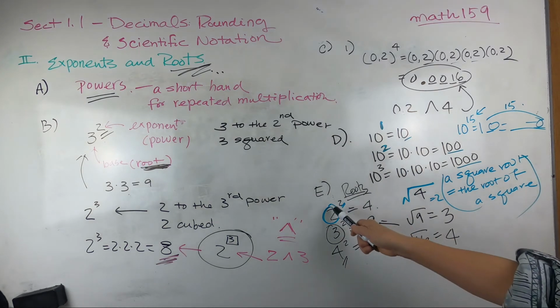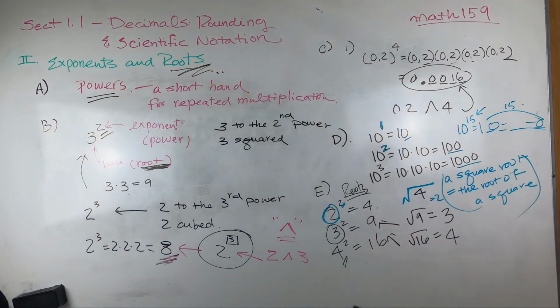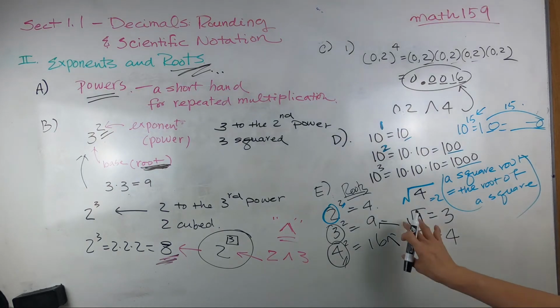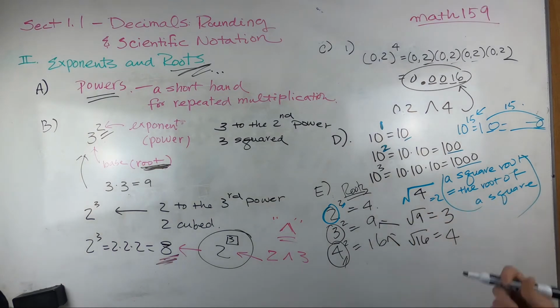You take a root, and square root, you find the root. Okay, if it's a good number, it's a perfect square. Then we need to use a calculator to figure out how to find the root. If it's not a perfect square, then what are we going to do?